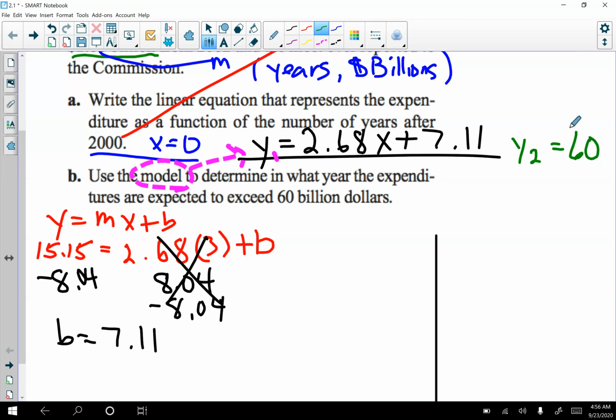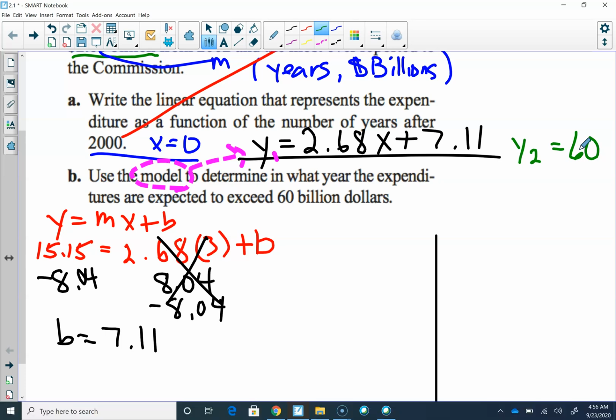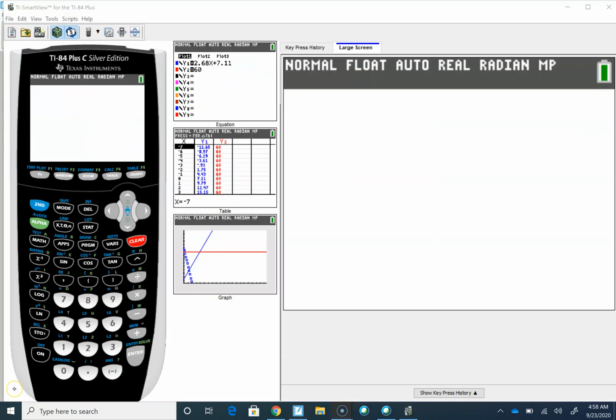I want to know when this increase ends up at 60. So I'm going to go to my graphing calculator. I'm going to enter those two lines in my graphing calculator. I'm going to find the intersection and write the ordered pair. Let's go ahead and do that right now. You can pause the video if you want, just to check back with me if you got it right.